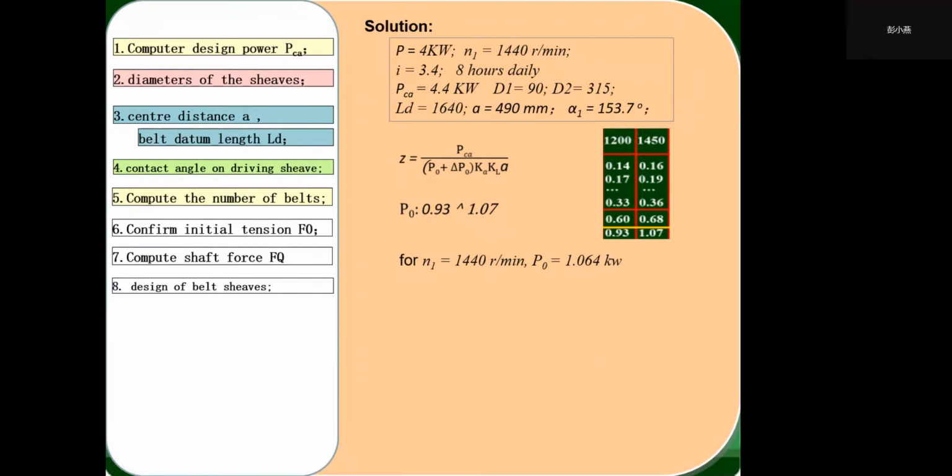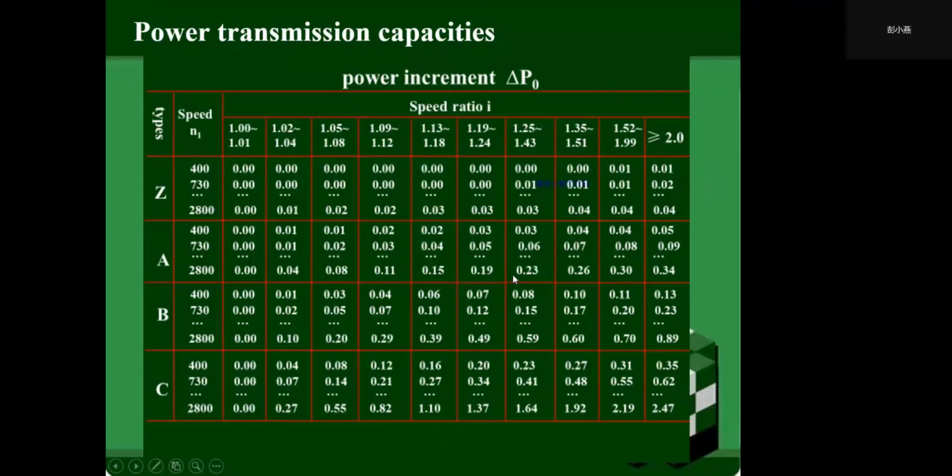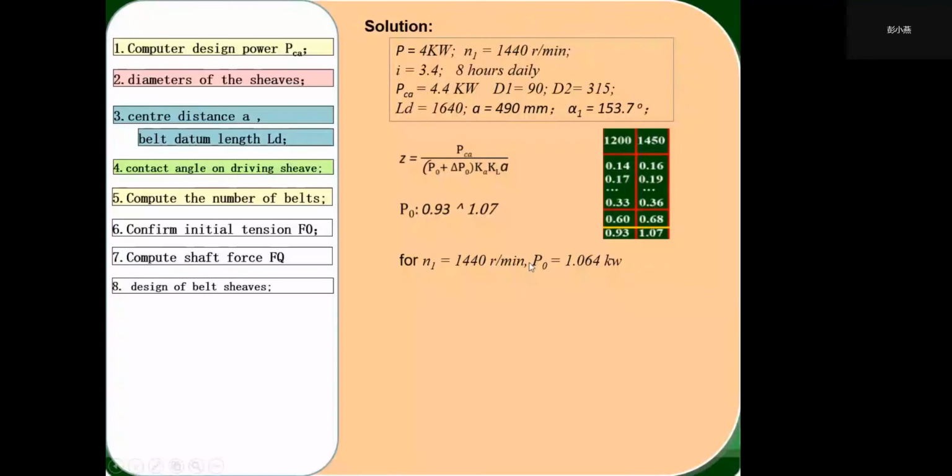Any question? So, all of you know how to use this, okay? And then we choose the P0.